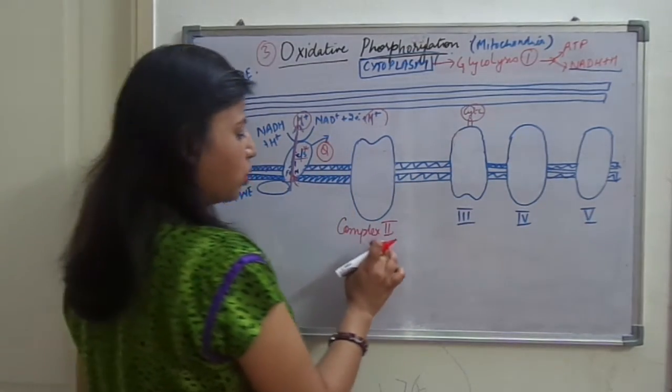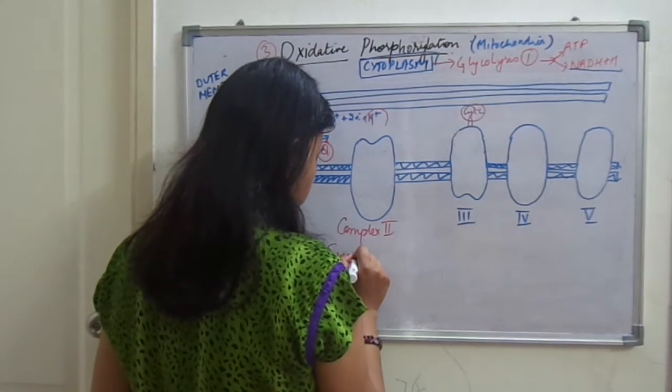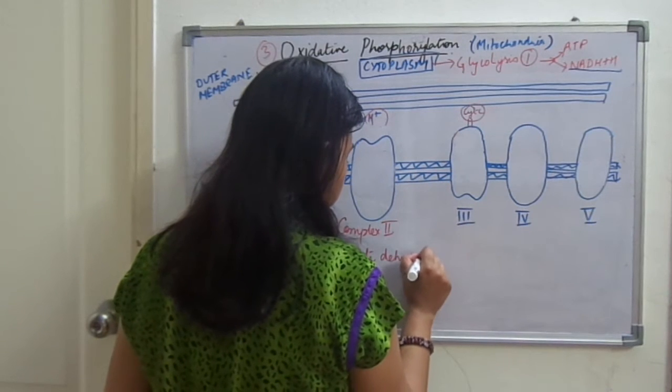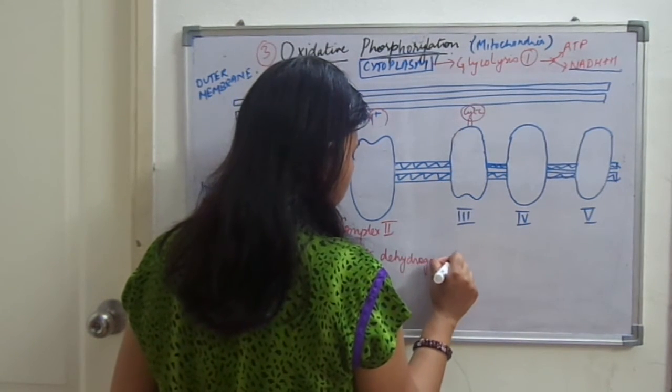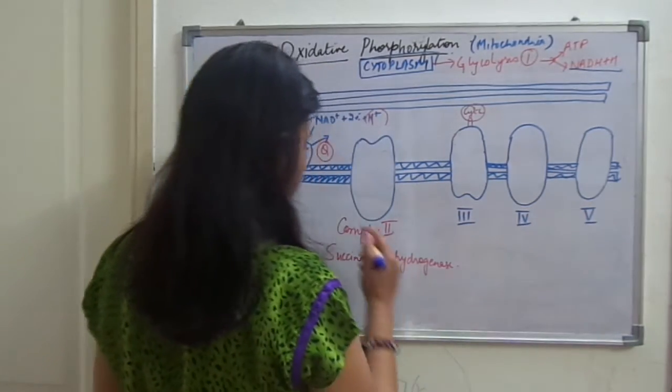Now talking about complex 2, this is known as the succinate dehydrogenase complex.